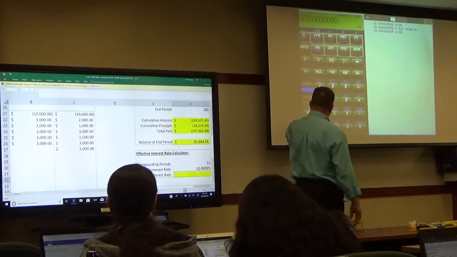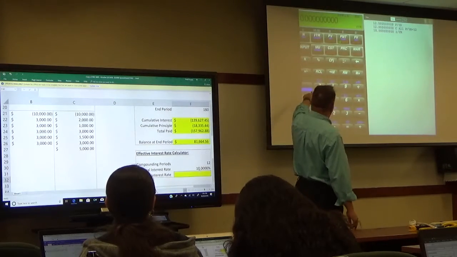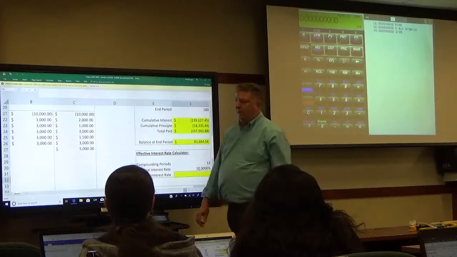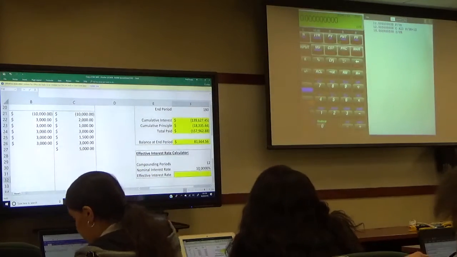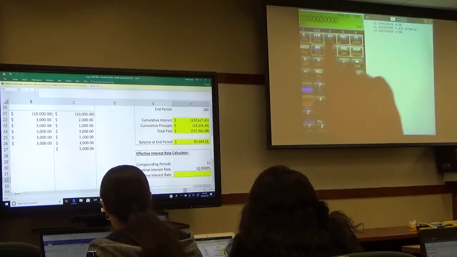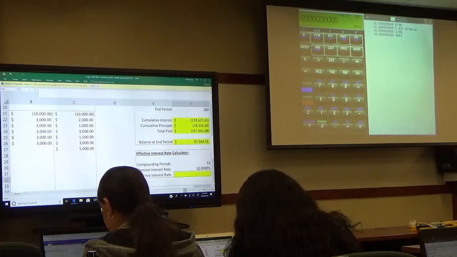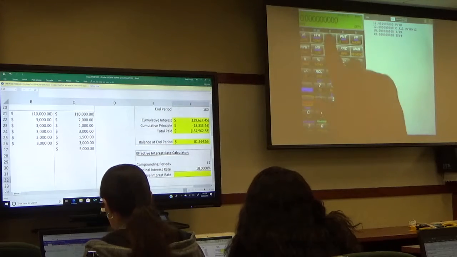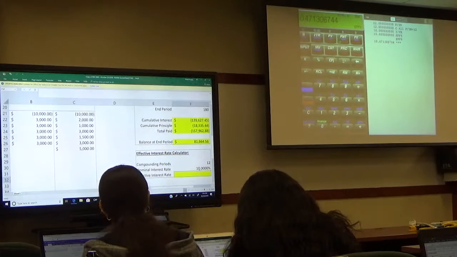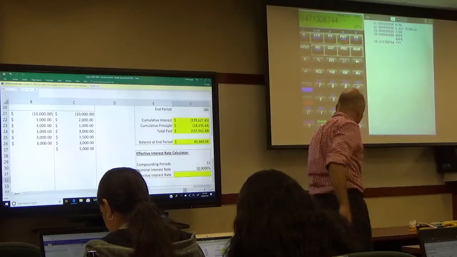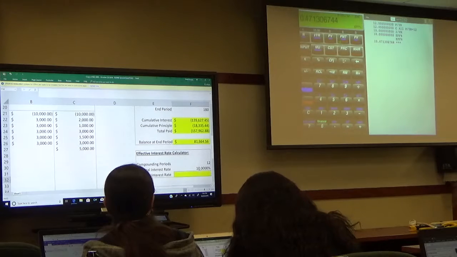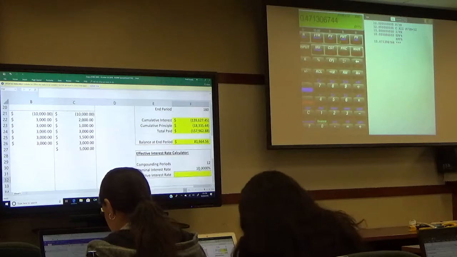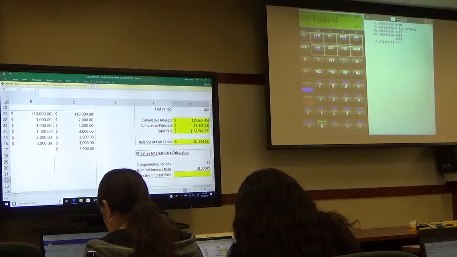Now, if you want to solve for the effective interest rate on the calculator, you simply hit the shift key and then hit present value, or effective interest rate. There we go. You get 10.47 as the effective interest rate.